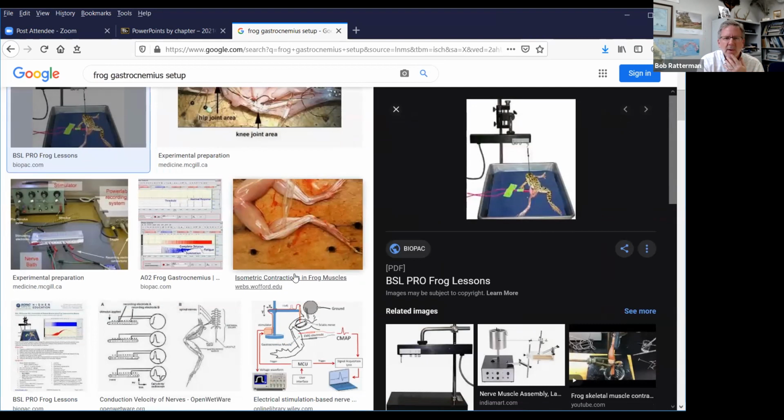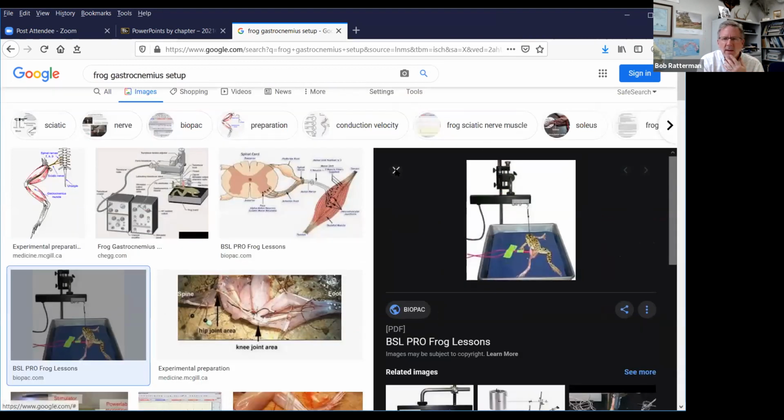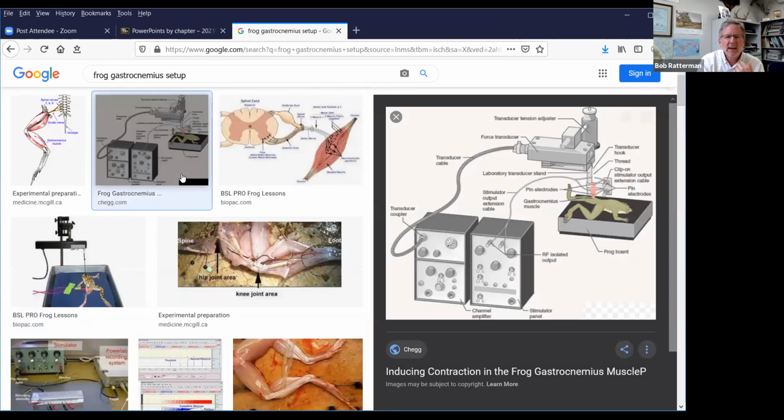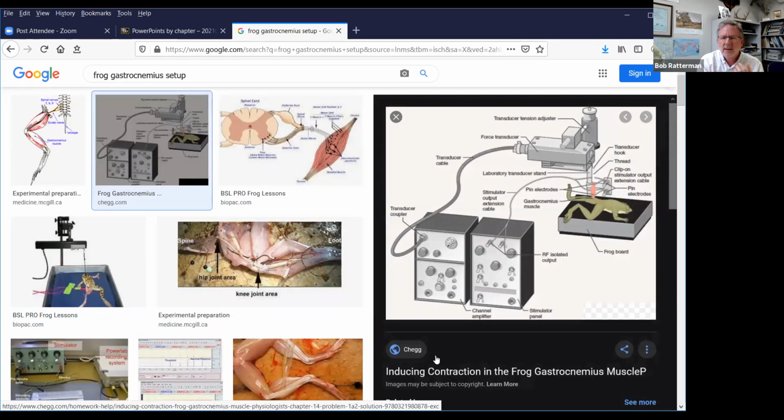Let's see, that's not a good picture. So basically it looks like this. I don't know, can you see this? So here's the frog. Again, you have to immobilize the frog.